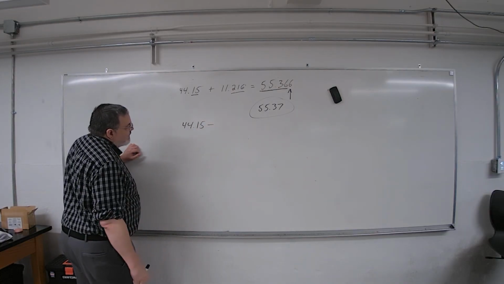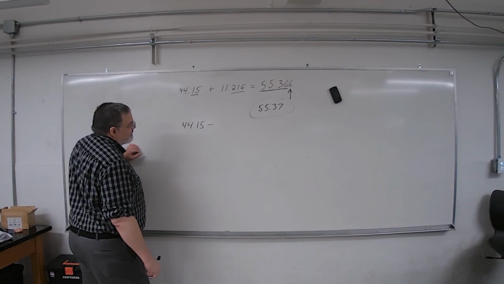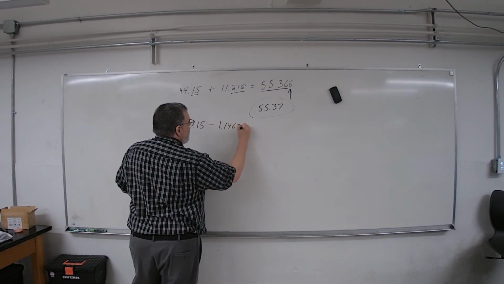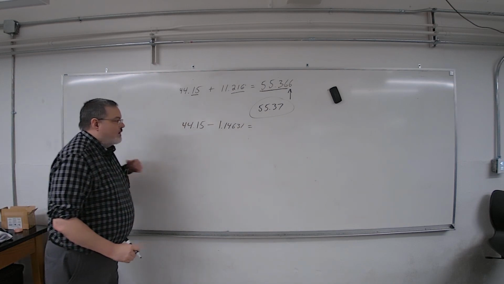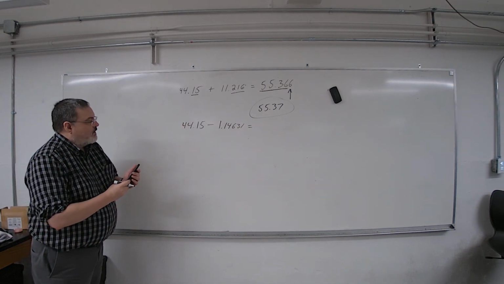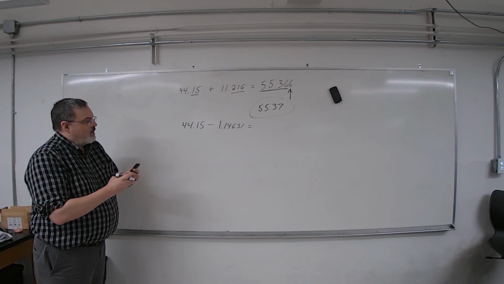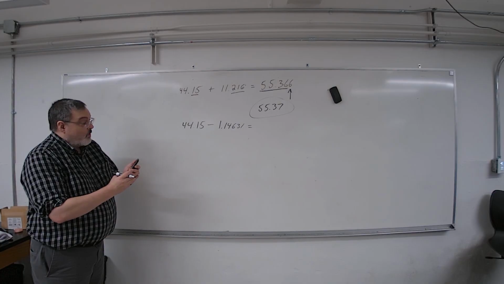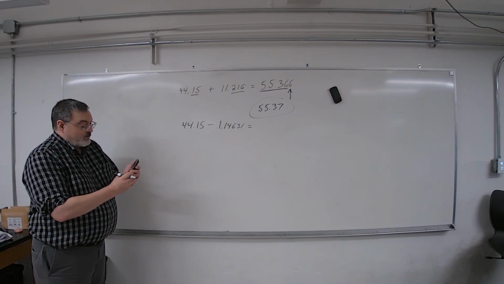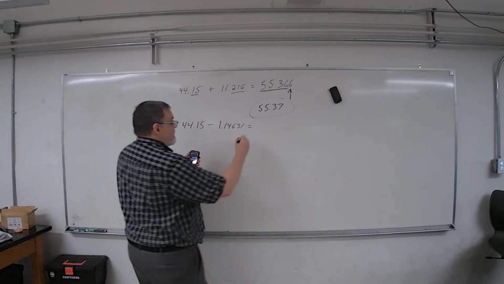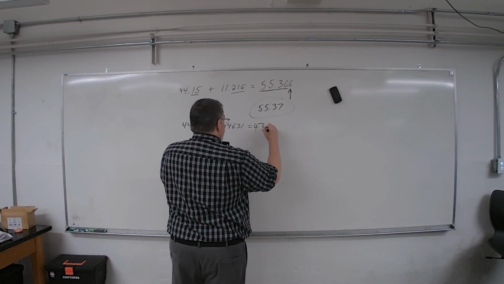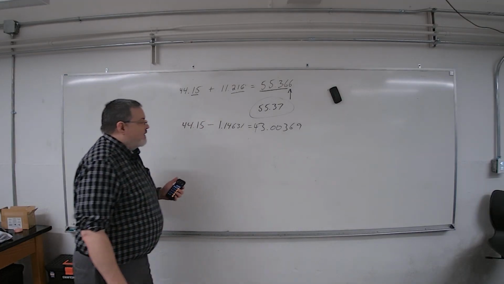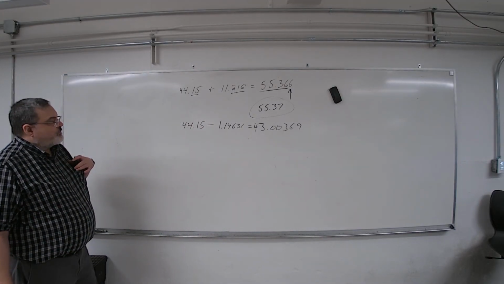Minus... 44.15 minus 1.14631 equals, my calculator says, 43.00369. Okay.